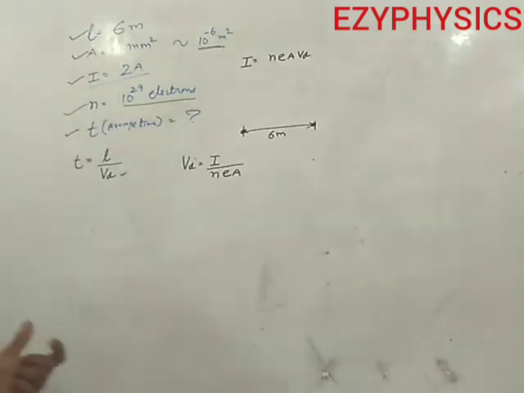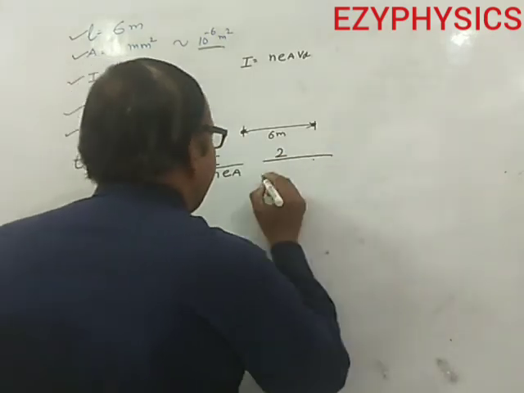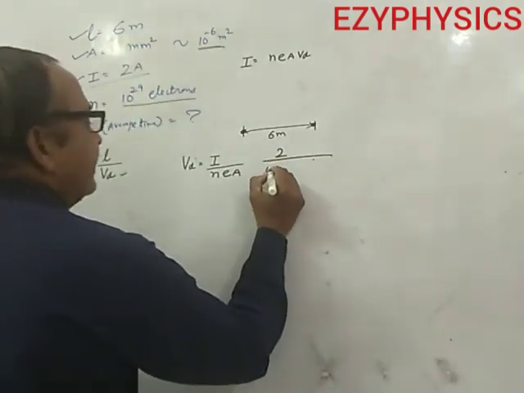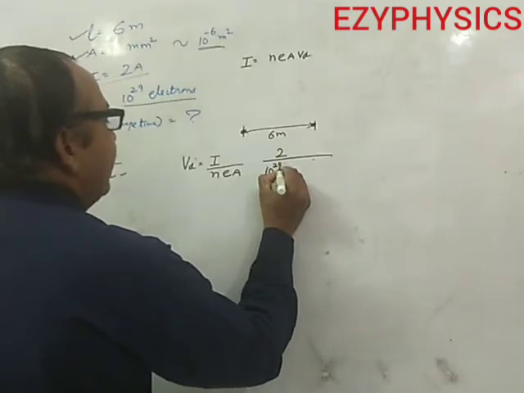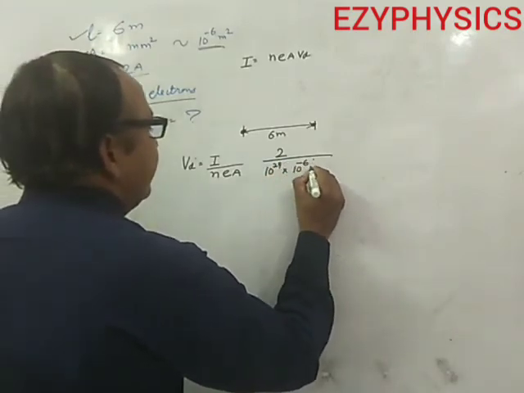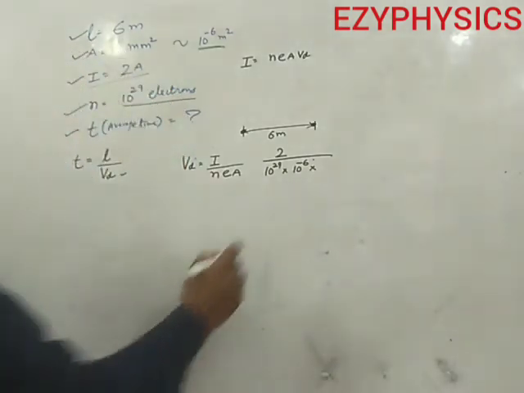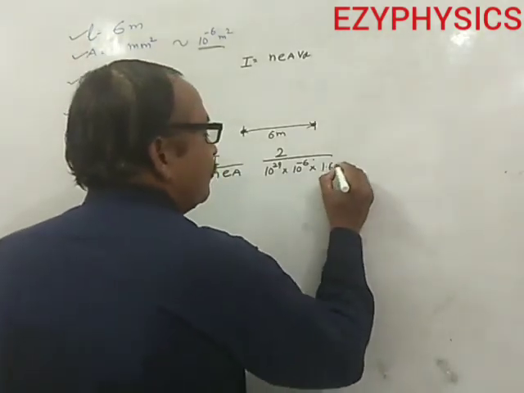So when we put all these values together, what do we get? 2 divided by 10 raised to the power 29 into 10 raised to the power minus 6 and the charge on the electron, which is 1.6 into 10 raised to the power minus 19.